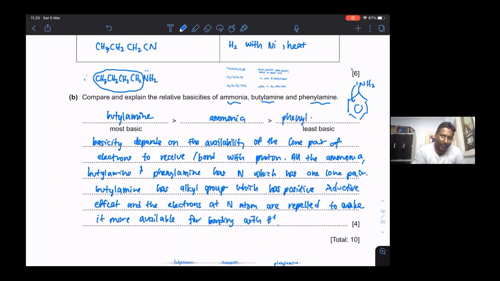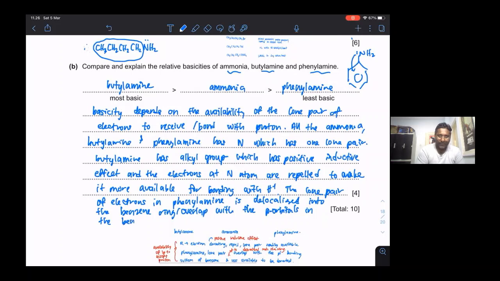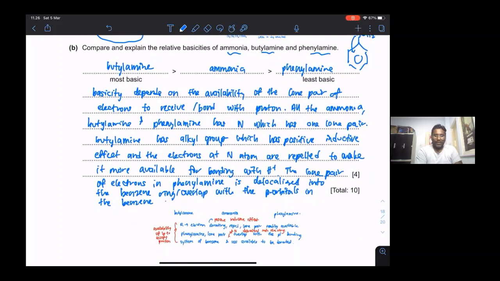So phenylamine, the lone pair of electrons in phenylamine is delocalized into the benzene ring, or overlaps with the p orbitals in the benzene ring, and becomes less available for bonding.